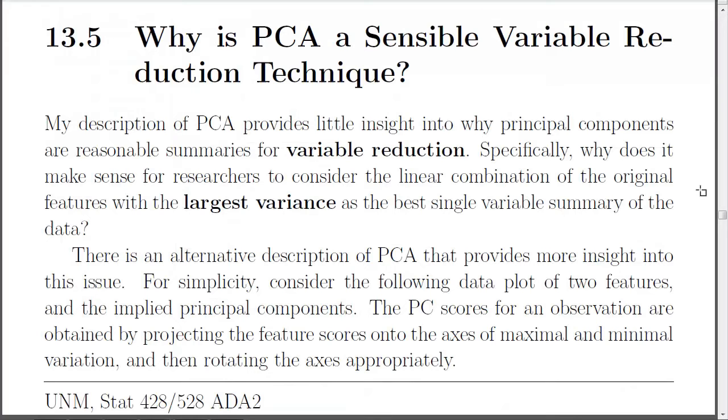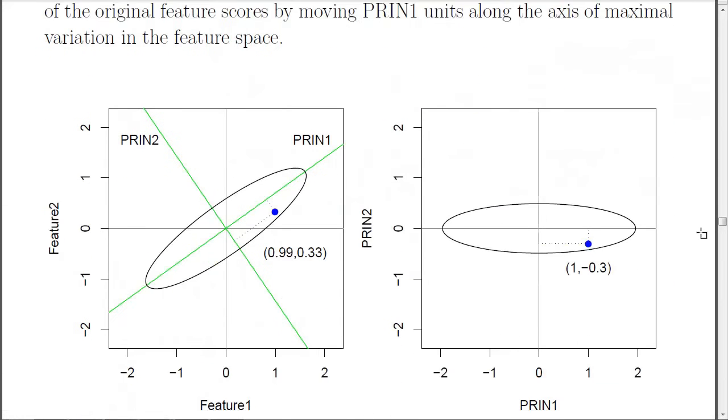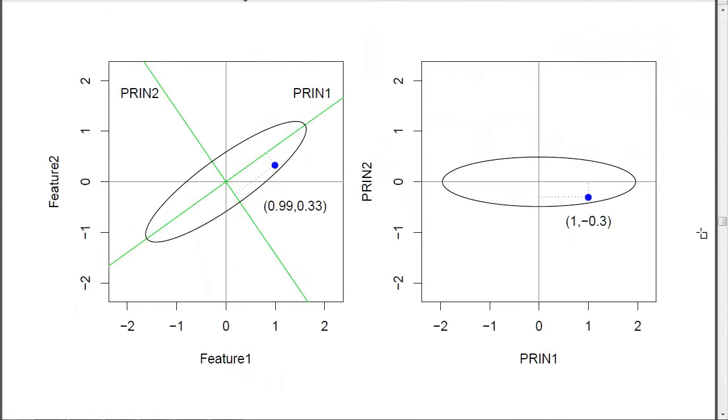So I haven't given you a lot of insight yet into why PCA can be used for variable reduction, so I'm going to provide that insight now. So here are two plots. Let's focus on the one on the left initially, and this is like the plot I gave in my first example for temperatures.